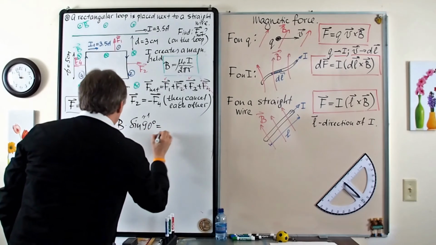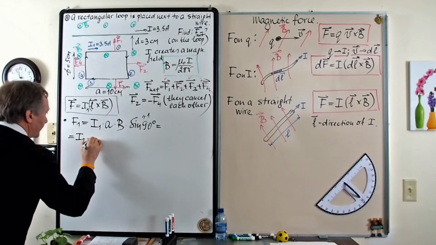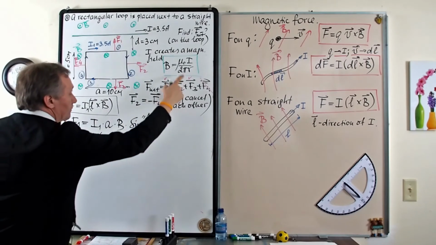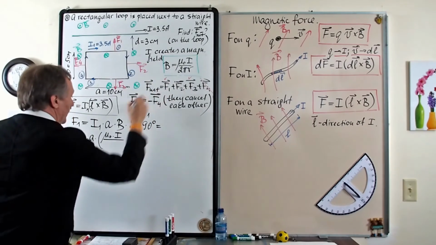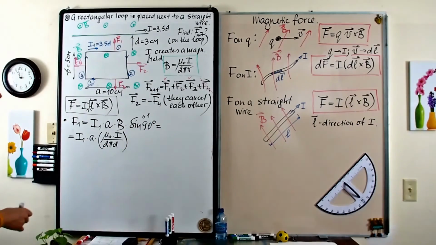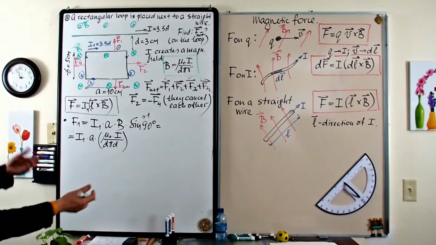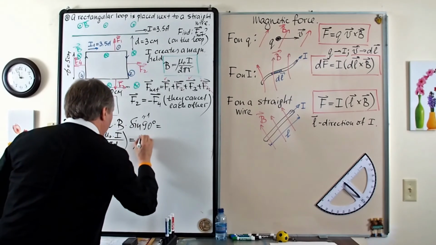Right, so now let me rewrite it. It will be I1 A instead of L, B is mu naught I divided by 2 pi d, and sine of 90 degrees is just 1. So that's the formula. We can make it look nicer by moving factors around.